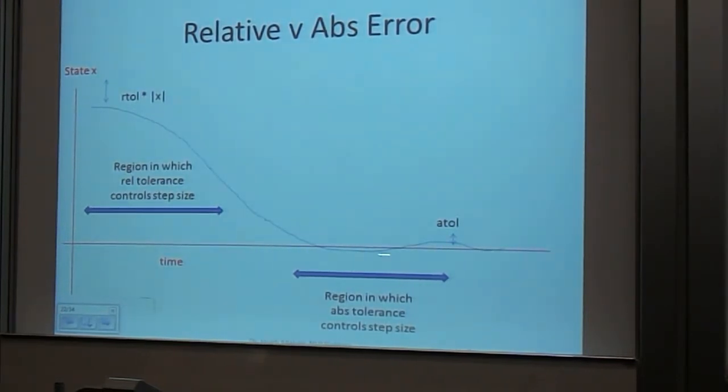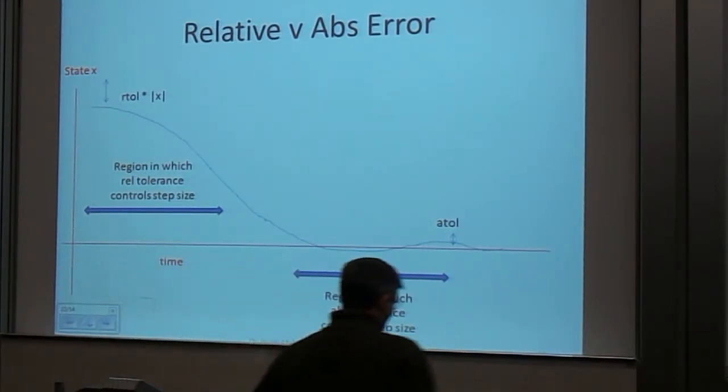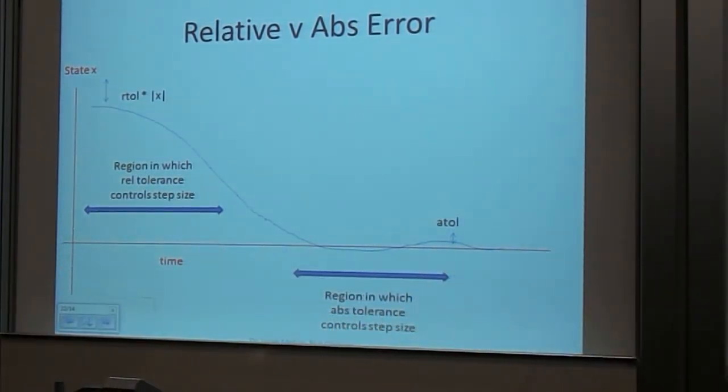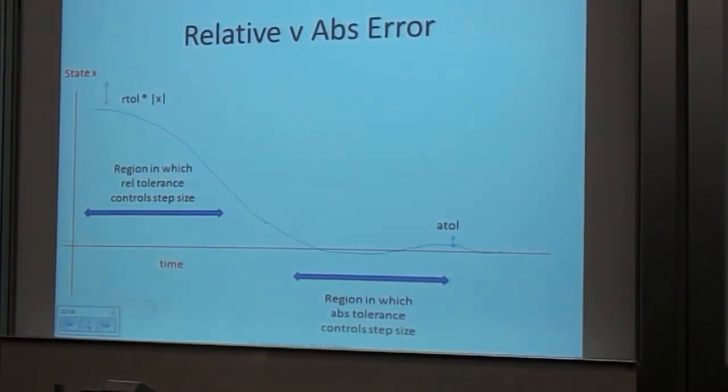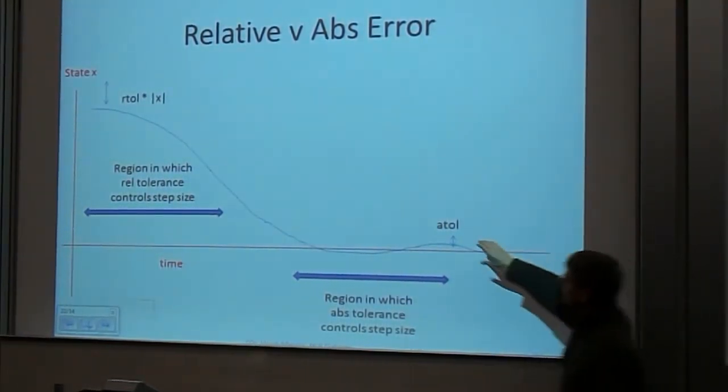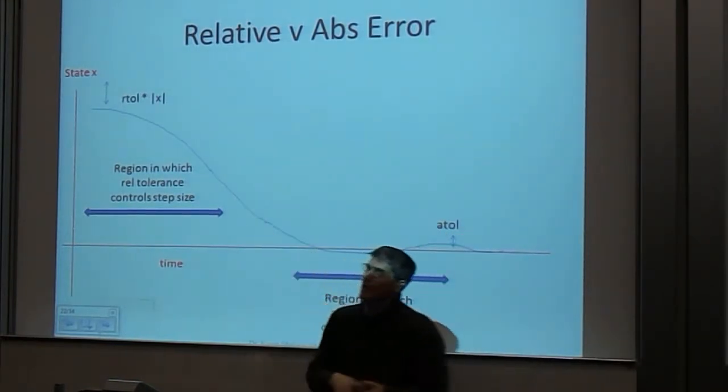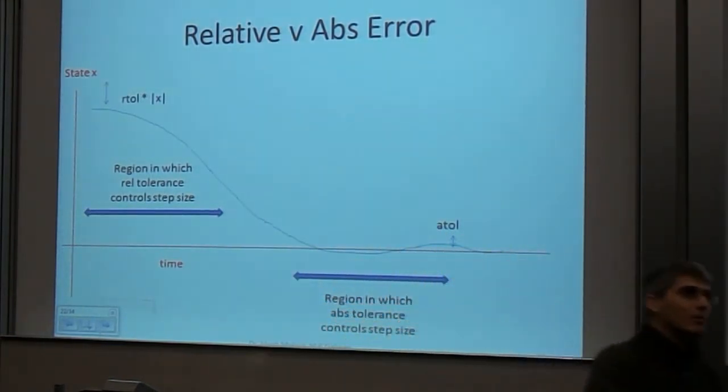However, when the state value is very small, 1,000th of it will be tiny. So if you have a very large state, 1,000th of it could be a certain amount, but when you have a very small state, 1,000th of that is minuscule. So you specify an absolute tolerance and a relative tolerance, and Simulink works between those bounds.